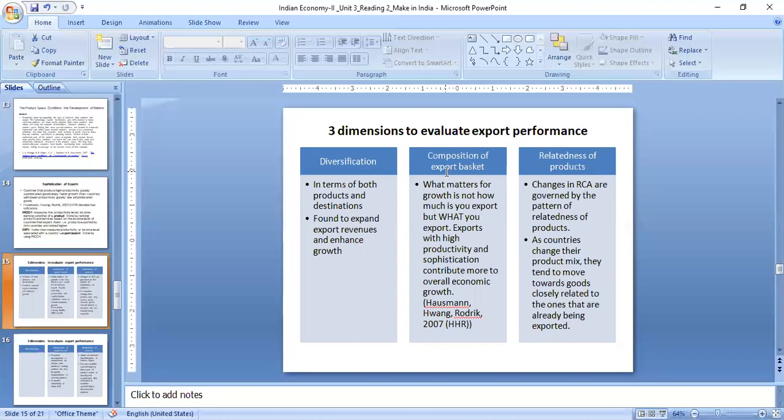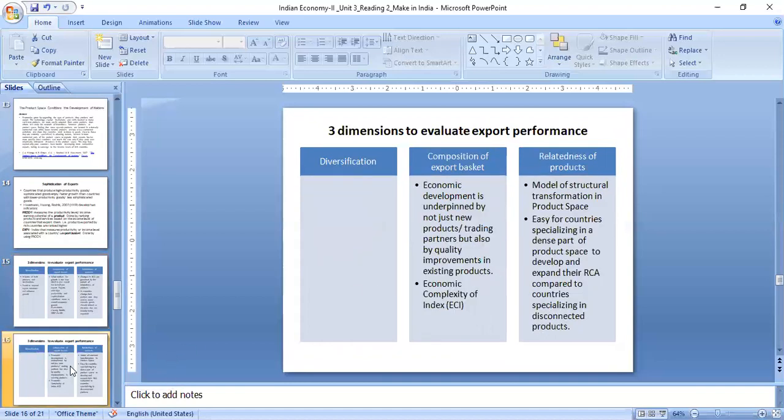Now, coming to the composition of export basket, the statement which is made and stressed upon is that what matters for growth is not how much you export, but what you export. So exports with high productivity and sophistication will be contributing more to economic growth.